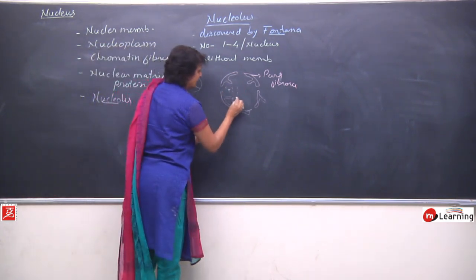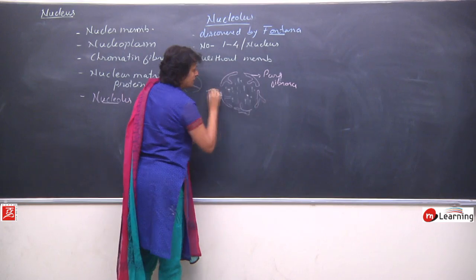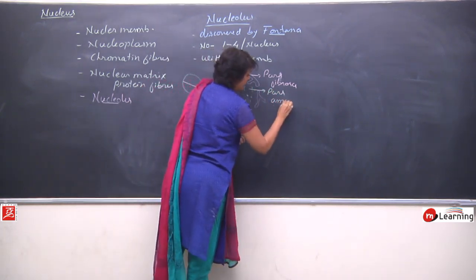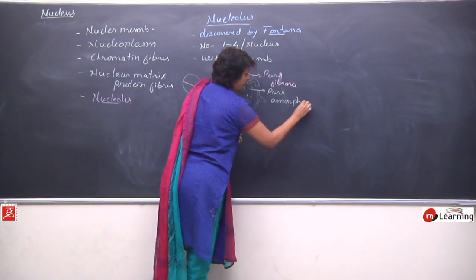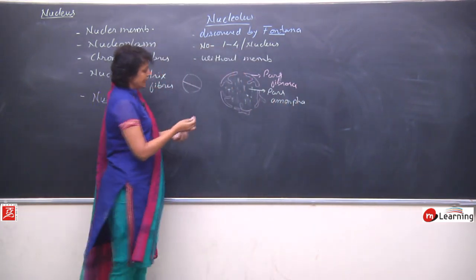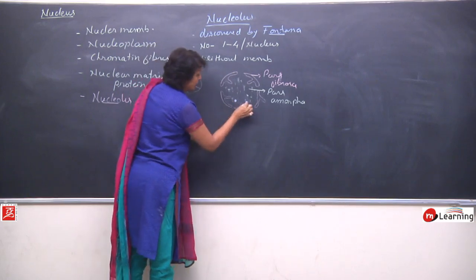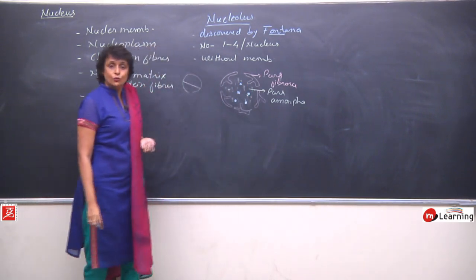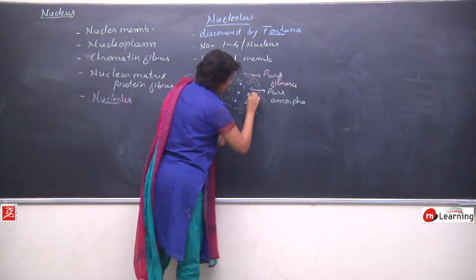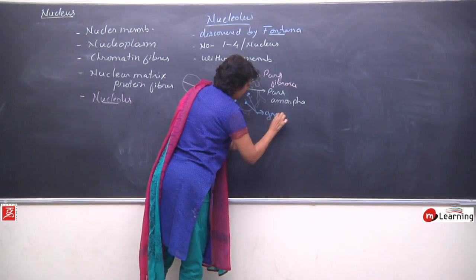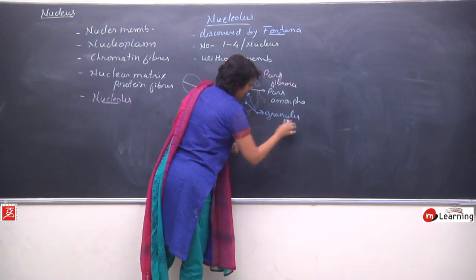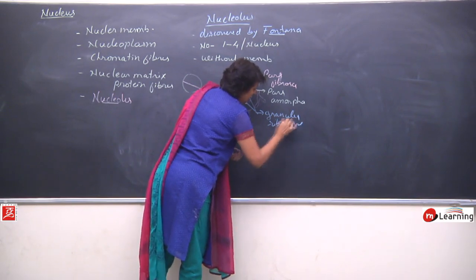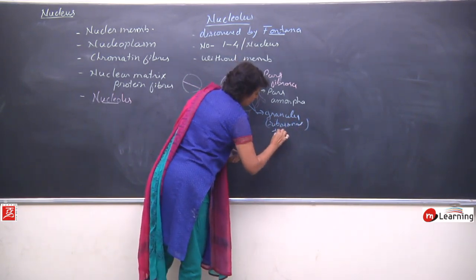Then there is a matrix here, which is known as pars amorpha. Inside this, there are certain granules. These granules are the ribosomal units or subunits.